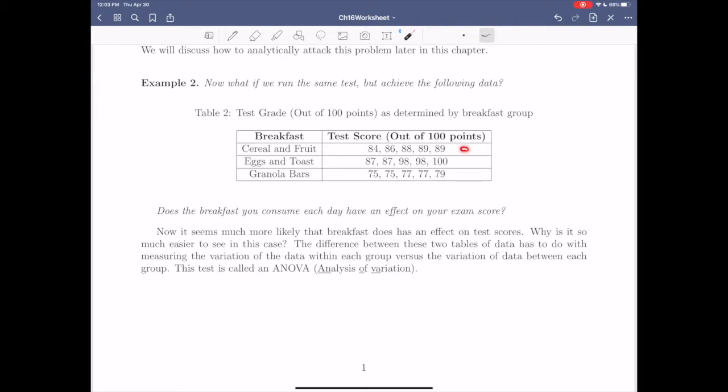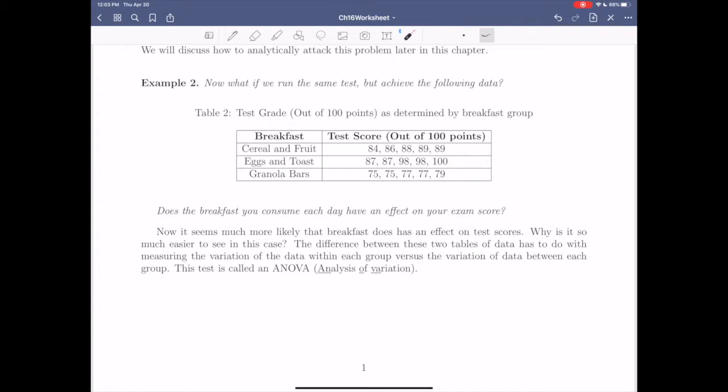Here, each of the groups themselves are much less spread out. There's much less variance among each of the groups than there is between the groups. Notice that in any individual group, the spread is very small. We have a small range, we have a small standard deviation and variation, but if we look at the difference between groups, those are huge.